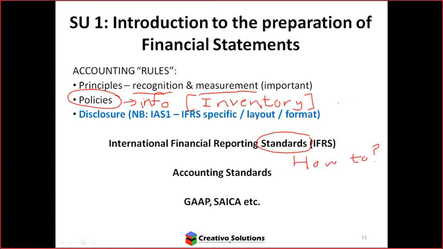And those are the policies that you're going to be implementing. So can a business record inventory using the perpetual and the periodic system? No, they have to use one or the other. Correct. And that's where the policies come into it. So when you look at financial statements, we just said inventory is an asset. Inventory can either be recorded using perpetual or periodic. You can't use both.